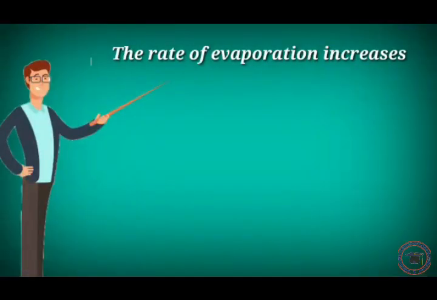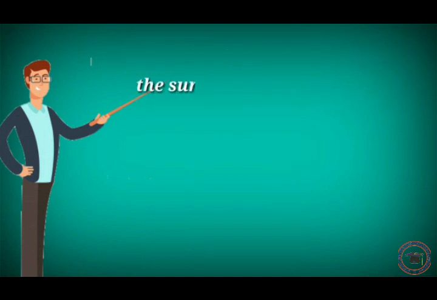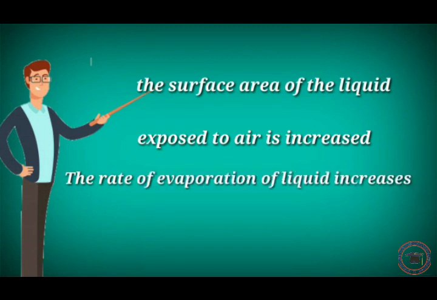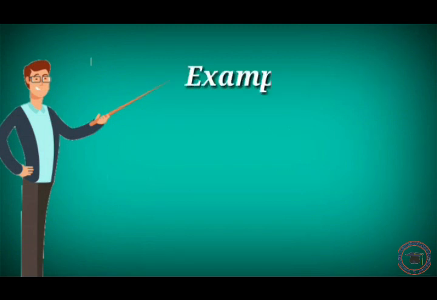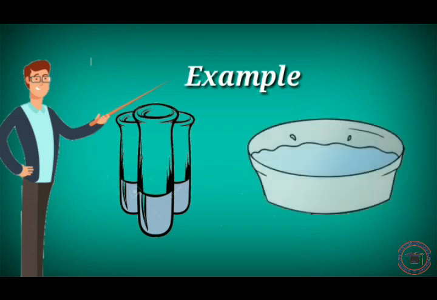The rate of evaporation increases on increasing the surface area of the liquid. So if the surface area of a liquid exposed to air is increased, the rate of evaporation of the liquid increases. For example, if the same liquid, say water, is kept in a test tube and in a china dish, then the liquid kept in the china dish will evaporate more rapidly because more of its surface area is exposed to air.